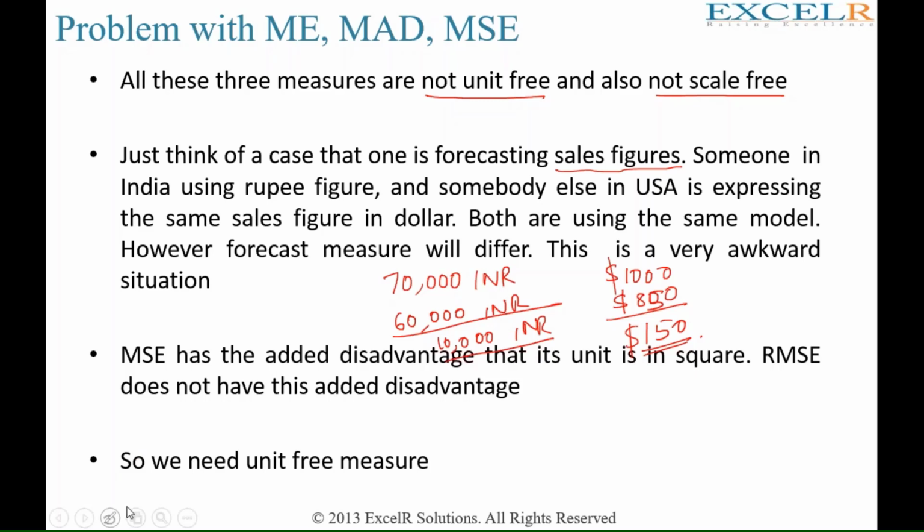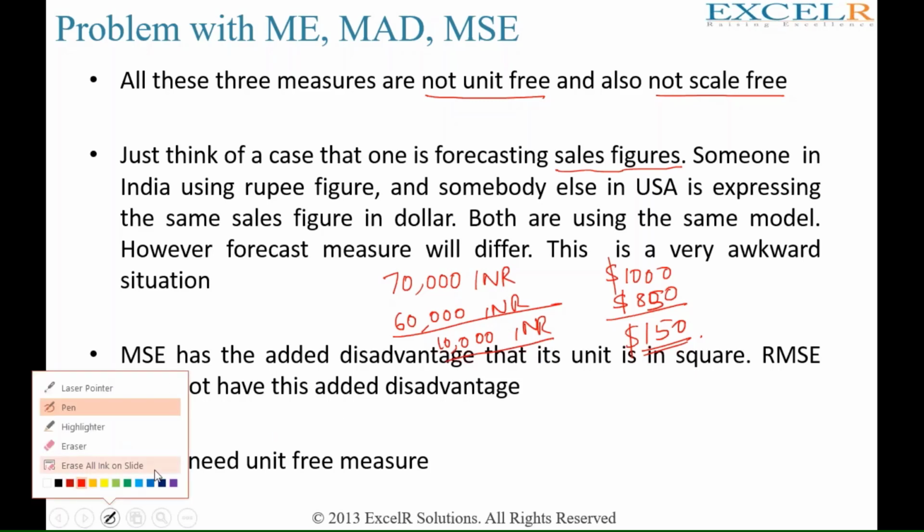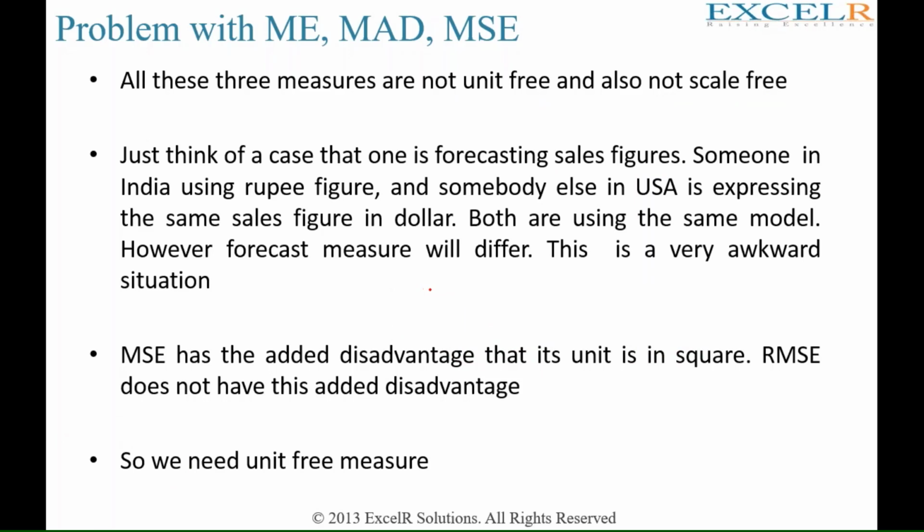This is a very awkward situation wherein you're getting errors based on the units that we use. And one more great disadvantage with mean square error is that it's going to square the unit. Say you have forecasted that the sales will be $1,000, but the actual value was say $800. So the error is $200.